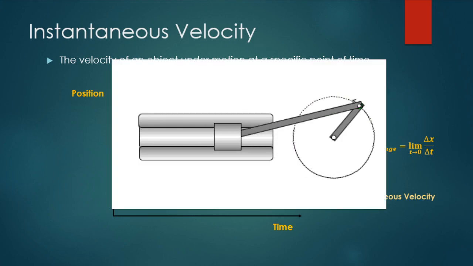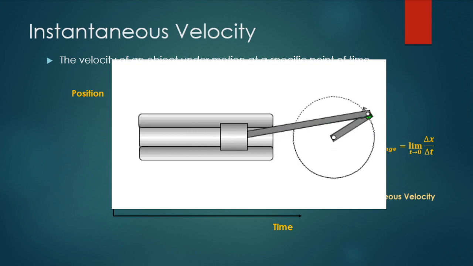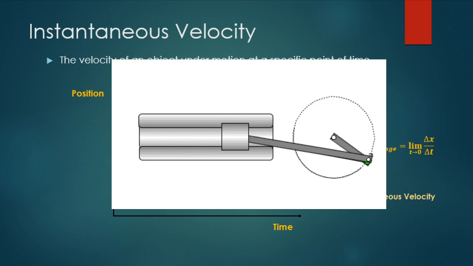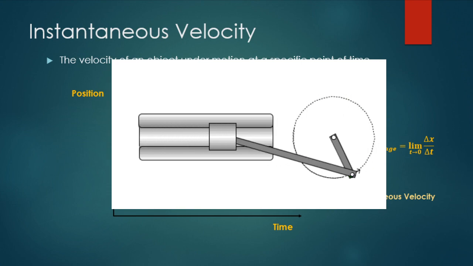At a specific point of time, we can get the specific velocity, the instant velocity, at a specific position.